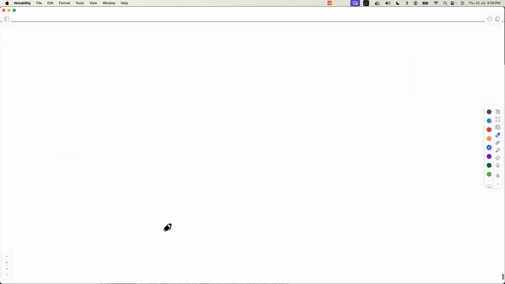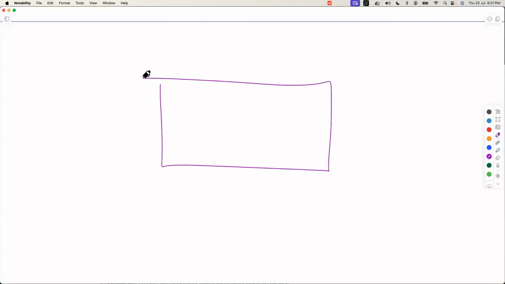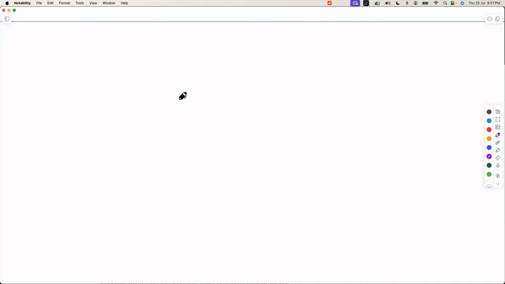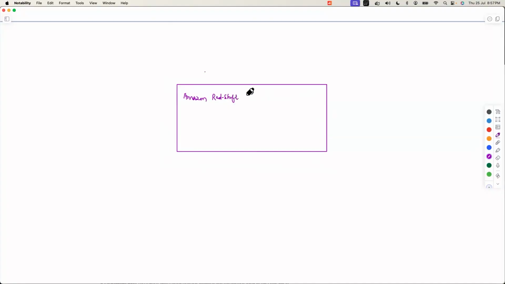So what happens, let's say you have an Amazon Redshift cluster. This is your Amazon Redshift cluster, right?